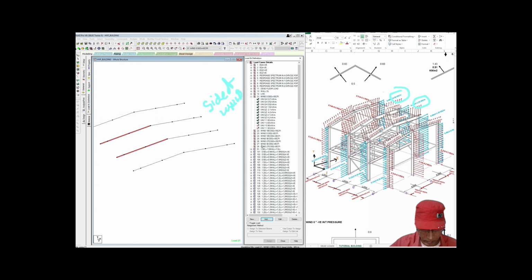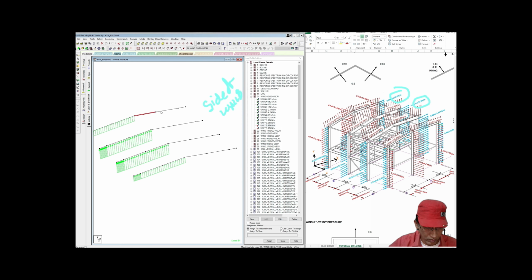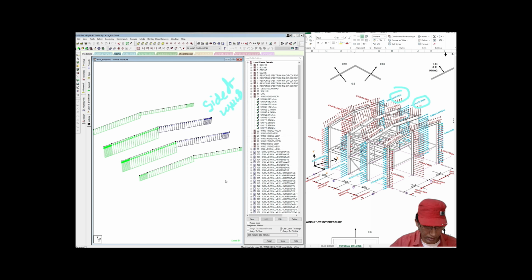Add. 0.96 on gable rafter. Assign. And 1.92 on interior rafter. Assign.